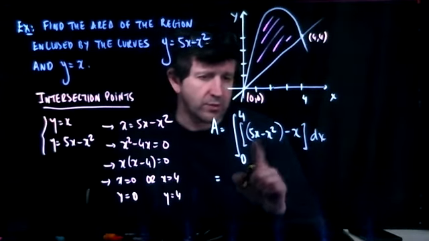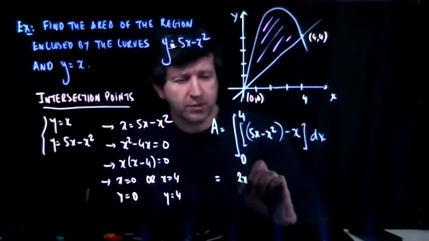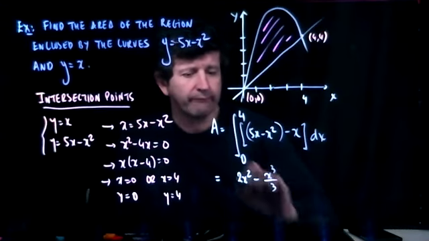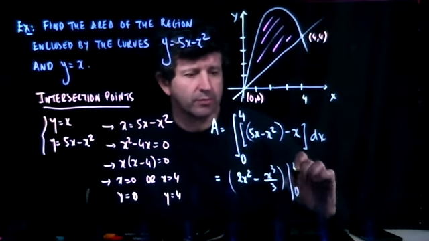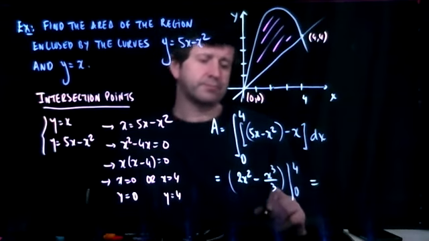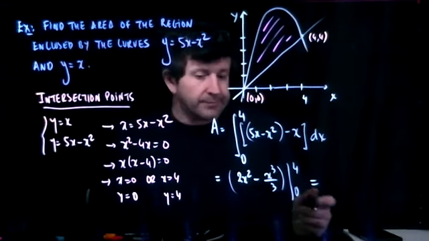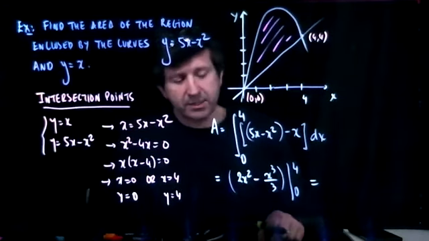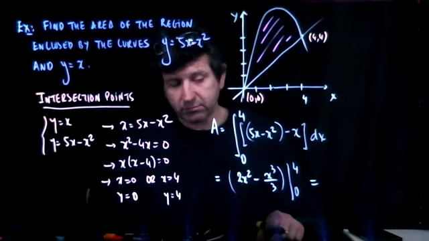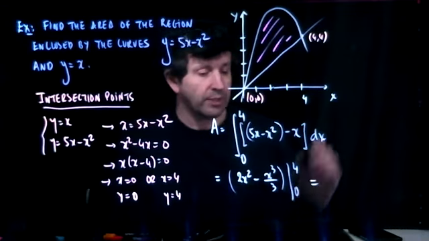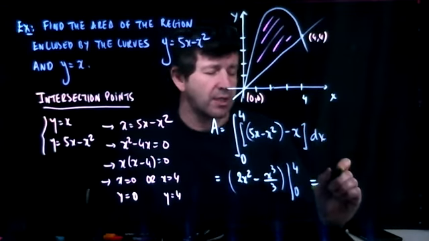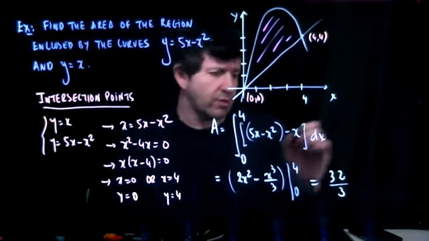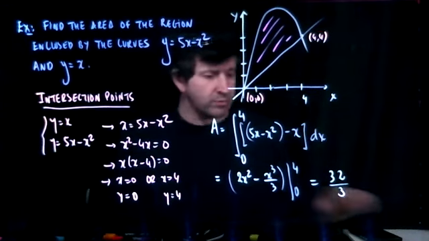Okay, let's do this. So this is 4x, so this will be 2x^2 minus x^3 over 3, evaluated from 0 to 4. So what is that? That's 32 minus 64 over 3. I don't know what that is. 96 minus 64 is 32. So I get 32 over 3, I think, if I didn't make any calculation mistake.